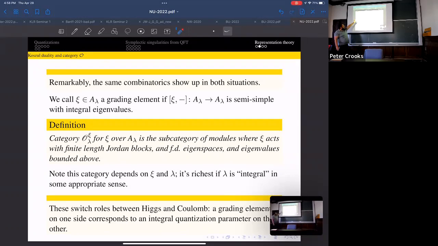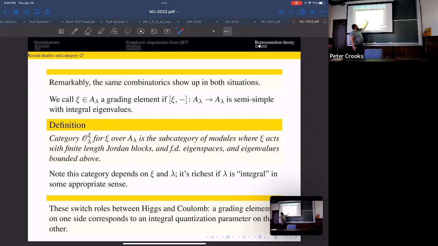And here, this is what I'm calling a grading element. So an element where taking bracket with it is semi-simple with integral eigenvalues. This is the quantum version of a Hamiltonian torus action, right?